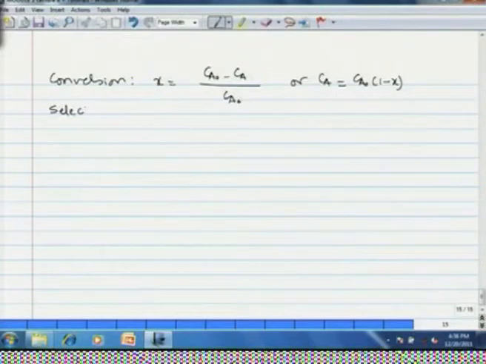So, the selectivity S is defined as Cp divided by Ca naught minus Ca, rise in concentration of product P divided by the reduction in concentration of A.